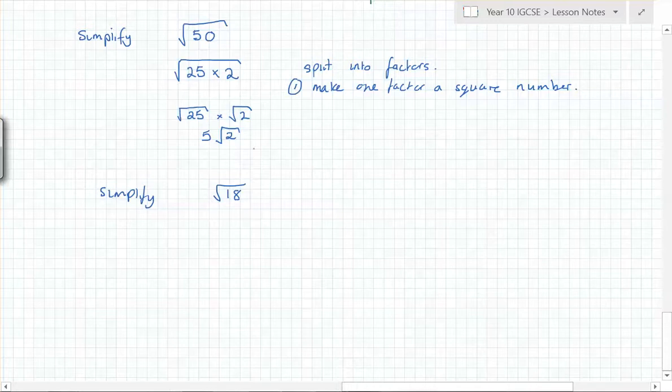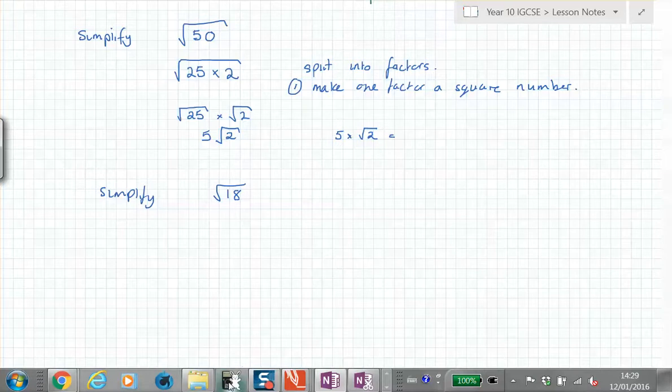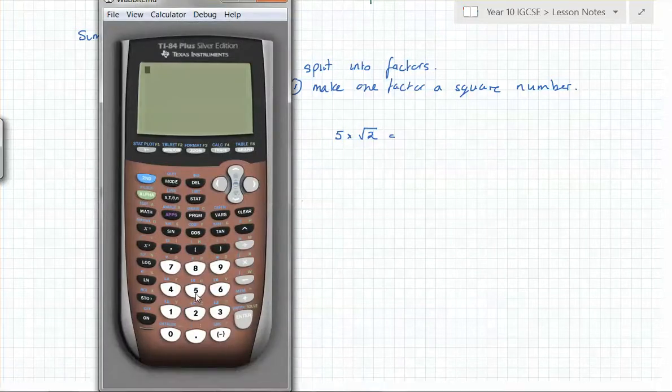Now, if I were to turn that into a decimal, could you do that for me? I would have to do 5 times the square root of 2. What is it as a decimal? Can you do it on a calculator? What do you get? You know how to do square root? Second function and x squared.